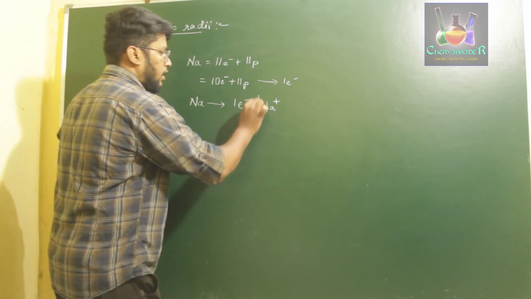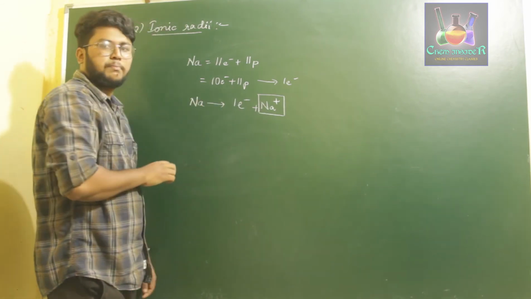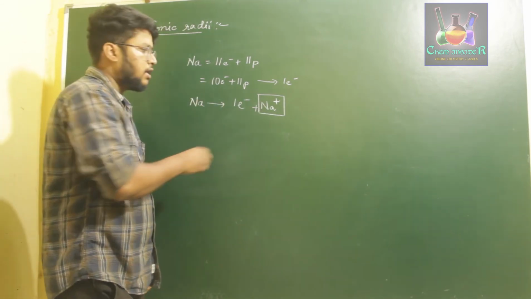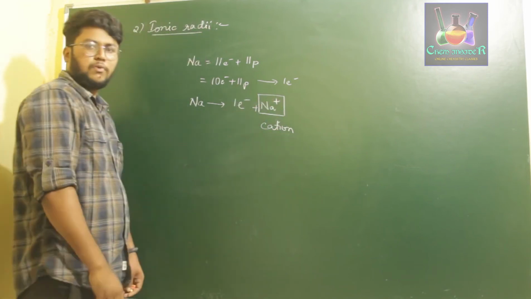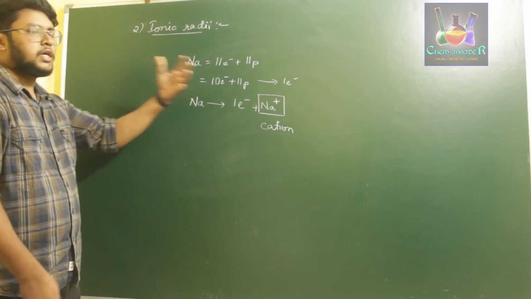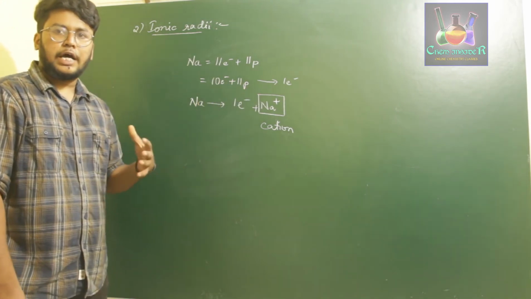Whenever an element loses an electron to form a positively charged species, that ion is called a cation. The process of losing or gaining an electron is called ionization.